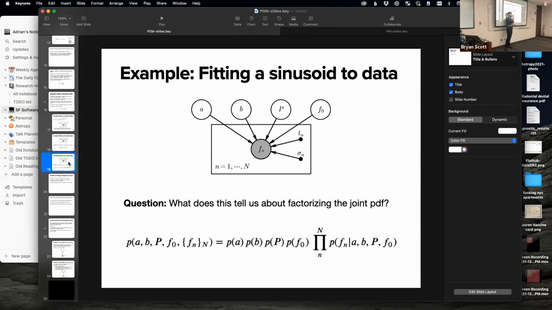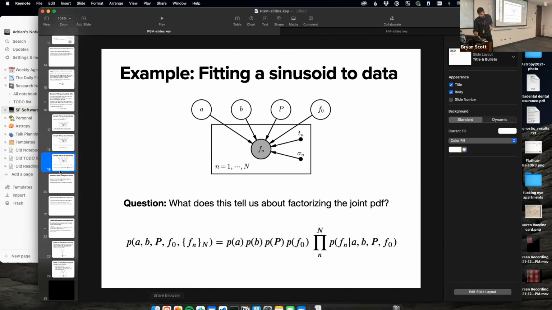And then plates, which tell us how much we repeat an expression. Again, it's because the things inside are conditionally independent, so we can expand them into a product. Those are all the important building blocks of a graphical model.